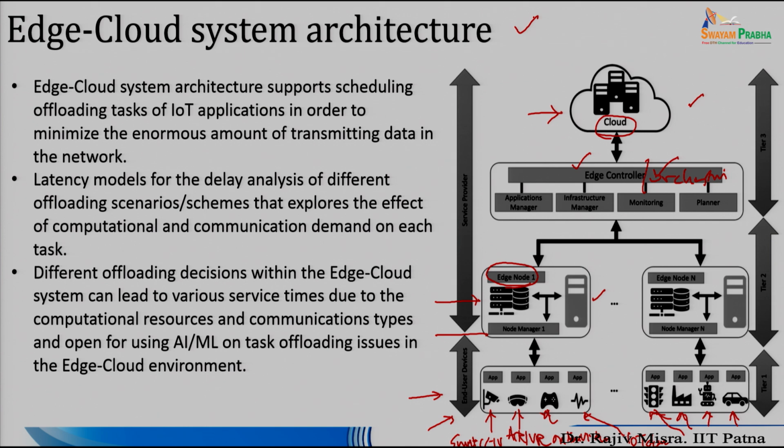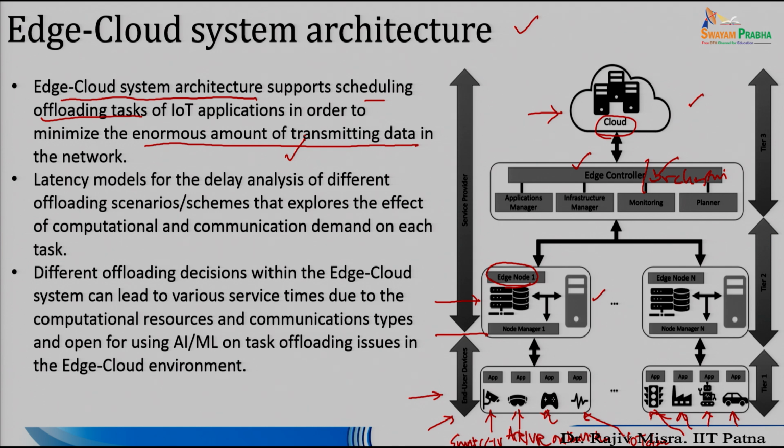So, the edge cloud system architecture supports scheduling the offloading task of IoT applications in order to minimize the enormous amount of data transmitted in the network. So, this is one of the most important parts, how it is used to minimize the data which is to be transmitted in the network.